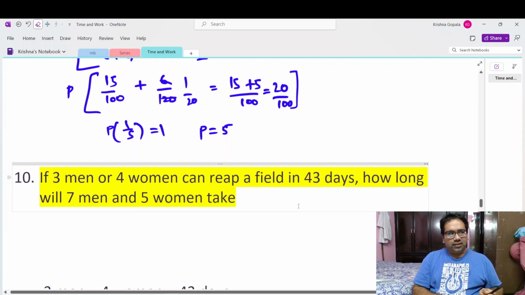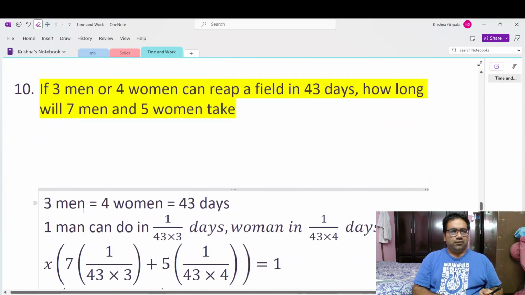Similarly, 4 women: 1 by 43 into 4 is the work done by each woman on any single day. Right? 3 men equal to 4 women in 43 days. 1 man can do what? 1 by 43 into 3. Similarly, 1 woman can do 1 by 43 into 4.